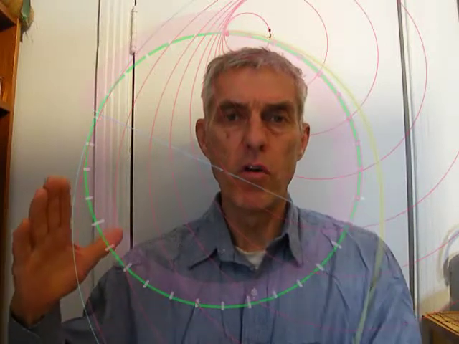Now, if you'll recall this factor for the field compression, the relativistic compression of the field, the angle was relative to the tangent of the field origin.